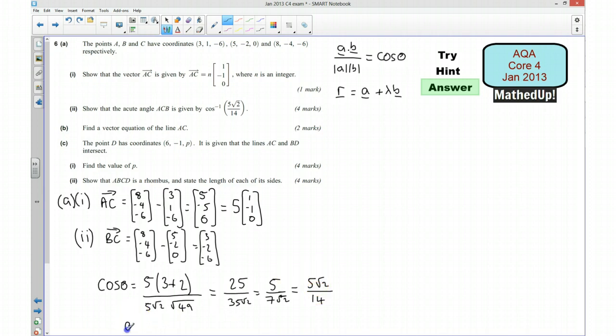So that means that theta, or the angle in between, so the acute angle ACB, is going to be the inverse cos of 5√2 over 14.